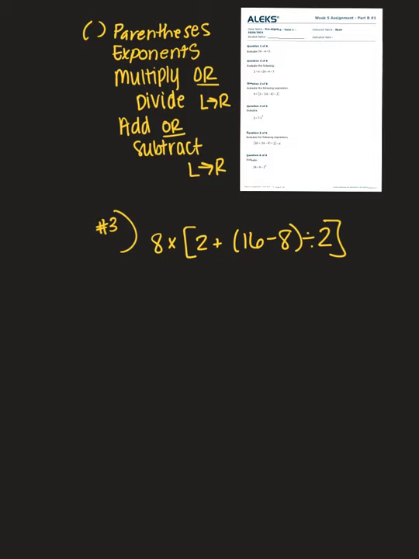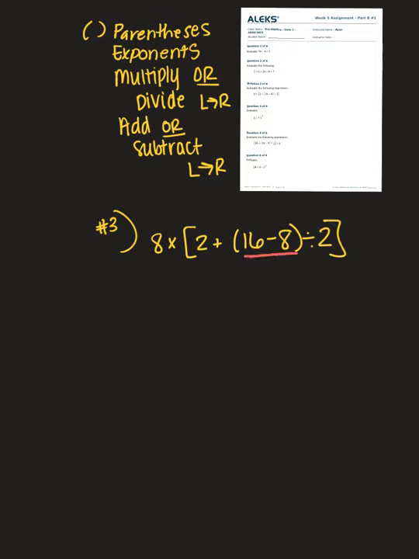The first thing I see here is parentheses, but I have two sets. I have the brackets, the bigger ones on the outside, and then on the inside 16 minus 8 in our normal parentheses. Again, we want to go to the innermost parentheses, so we're going to do our 16 minus 8 first.